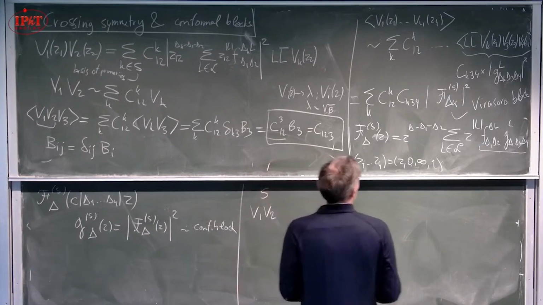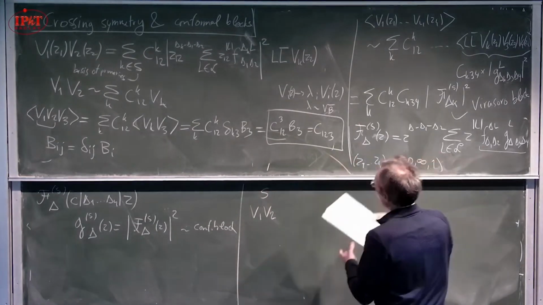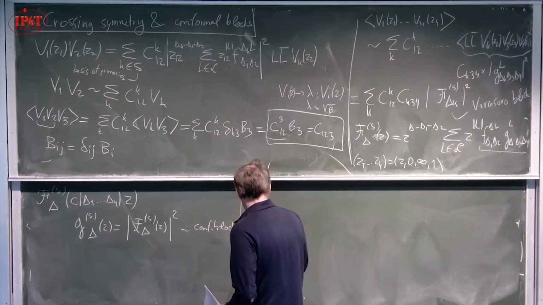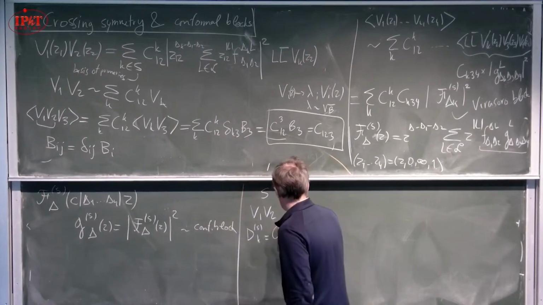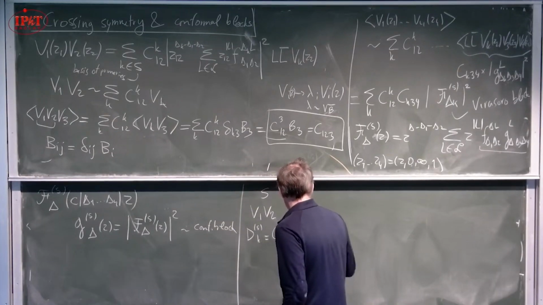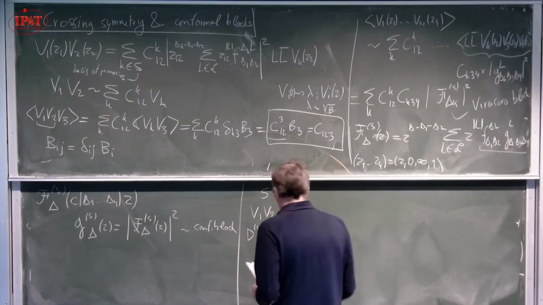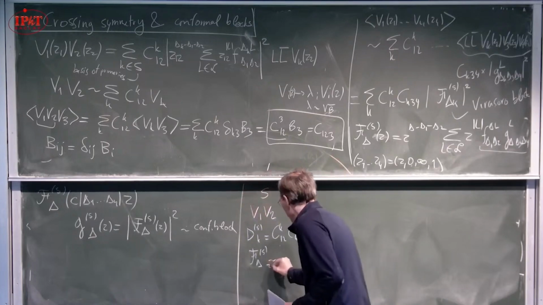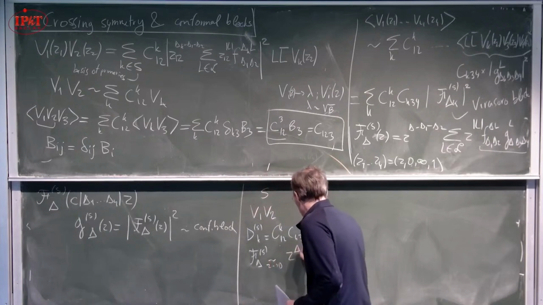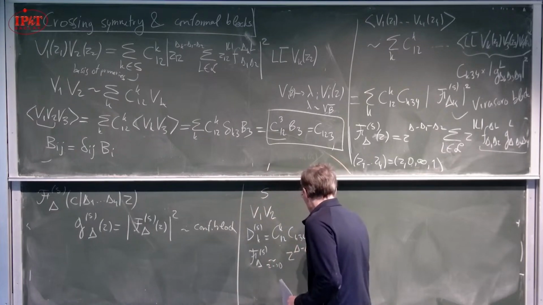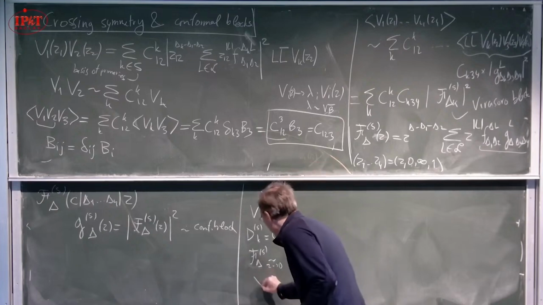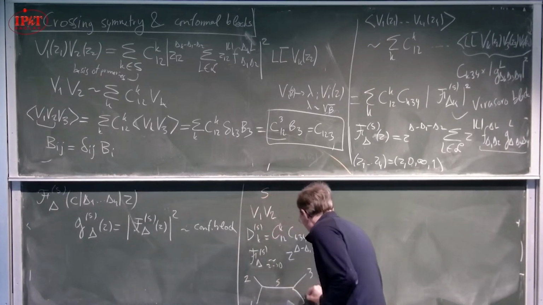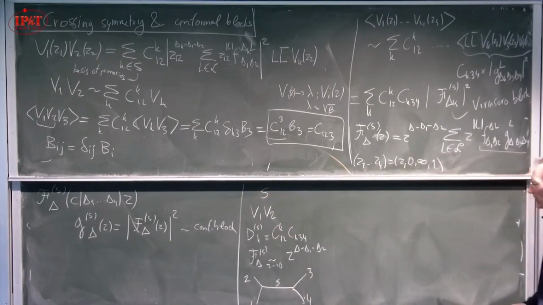We've obtained 4-point structure constants, D_{S,k}, which are just C_k12 C_k34. And we have a Virasoro block, which when z goes to 0 behaves as z to the Δ minus Δ1 minus Δ2. And we have a graphical notation like that for this decomposition into conformal blocks.